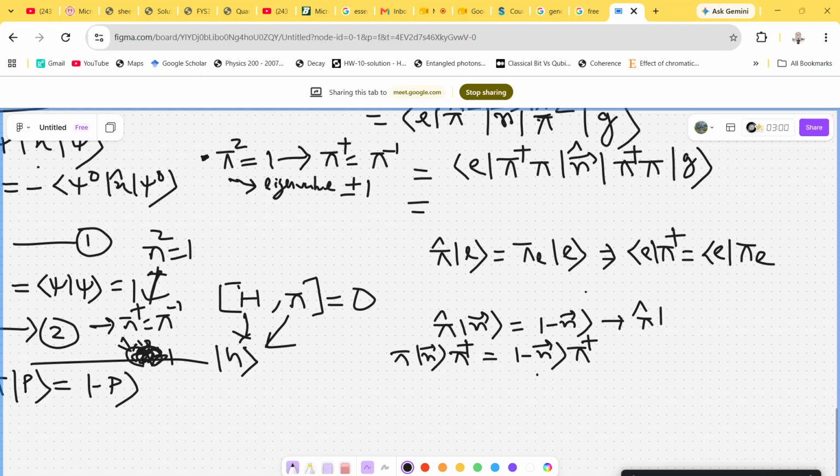It's pi cap of minus r, so minus R of pi cap dagger is R, right?